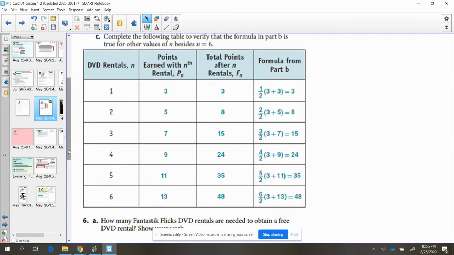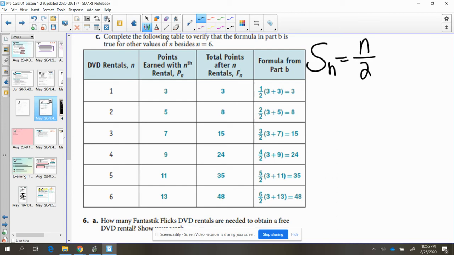What's basically happening is the summation formula for an arithmetic sequence, which we'll talk about in a second, when you're going up by that constant value, is you're going to take the number of terms divided by 2, and you're going to add that to your first term, and then your last term, whatever term number you ended on, and that's going to be the total sum.